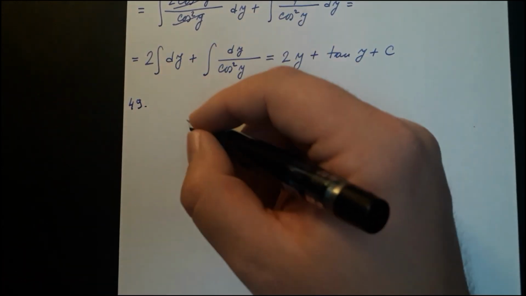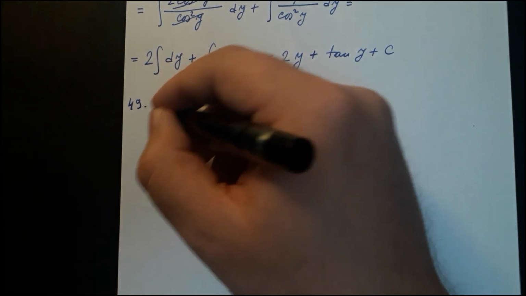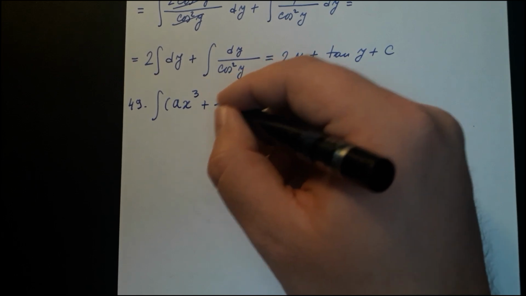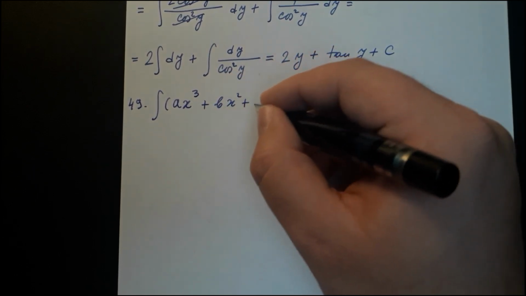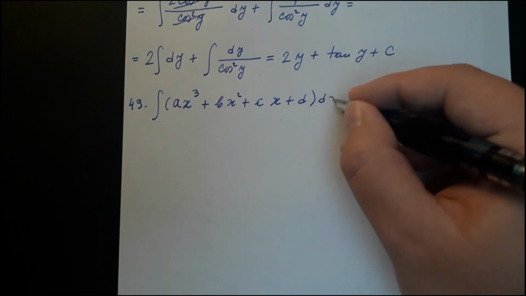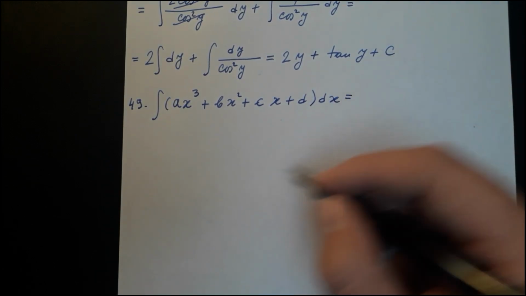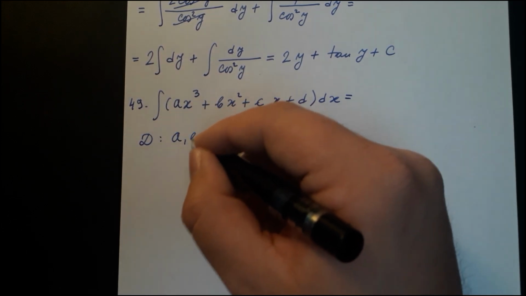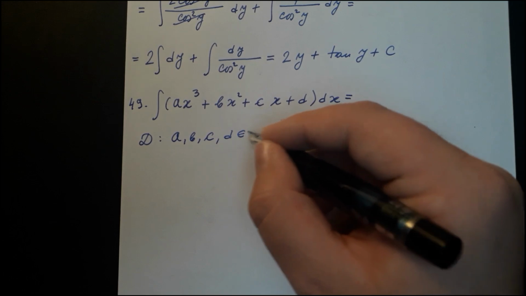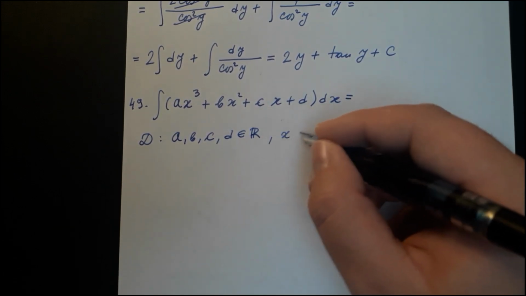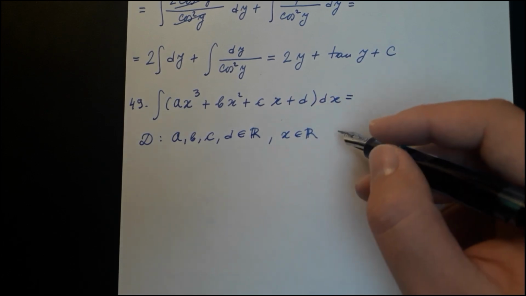Problem 49 on our list is an integral of ax to the power 3 plus bx squared plus cx plus d differential of x. Well, this integral is defined for a, b, c, and d, which are real numbers, they are constants, and x can be a real number as well.